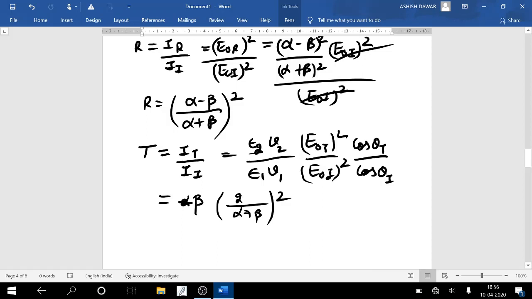So note here again R plus T is equal to 1. You can easily verify it by simply putting the values of R and T found above.